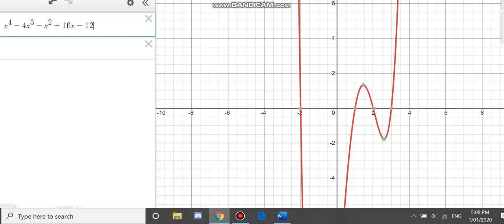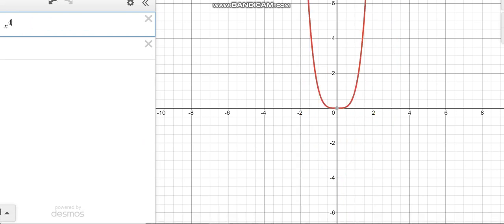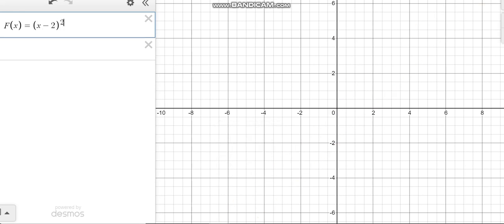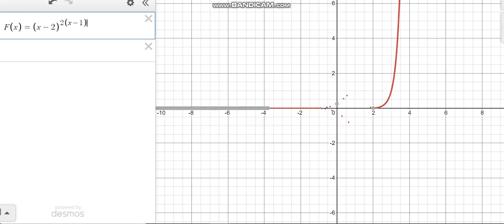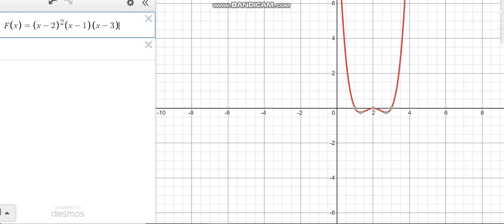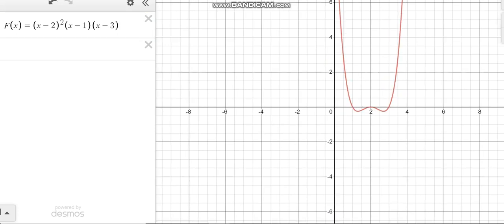Let's say for example f of x equals x minus 2 squared, x minus 1, and x minus 3. Here you can see at x equals 2, it has the properties of a parabola where it just touches the graph, whereas the other two factors only cut.